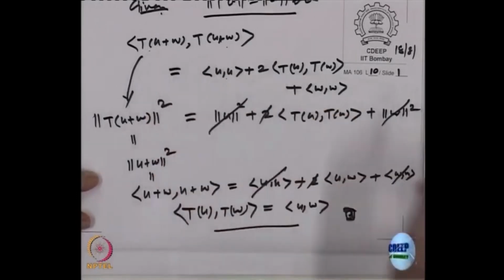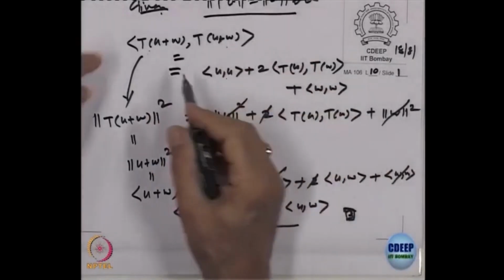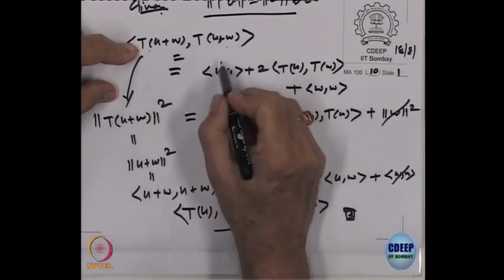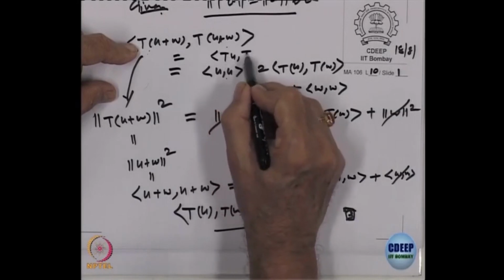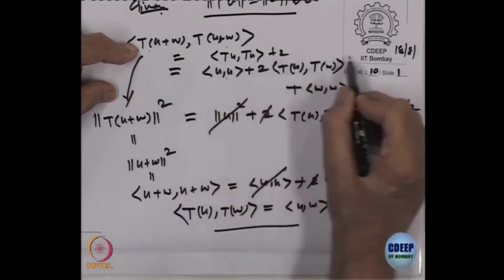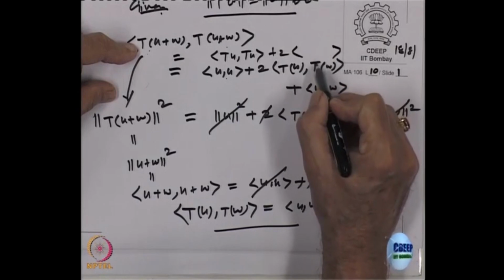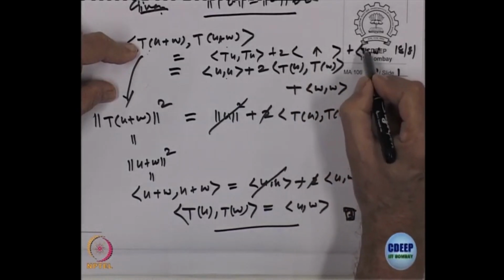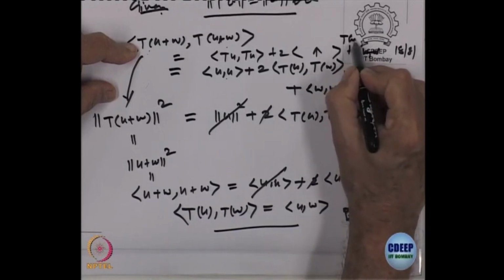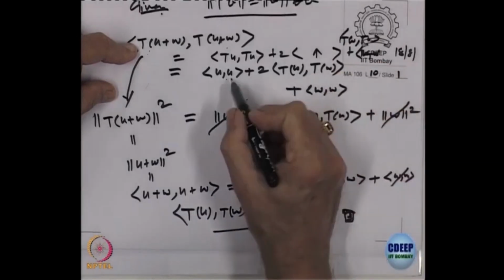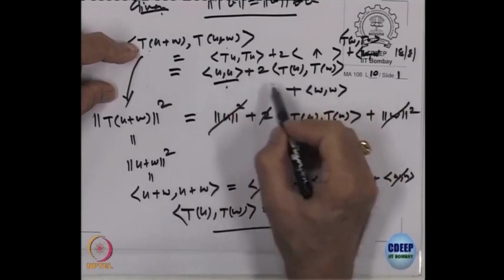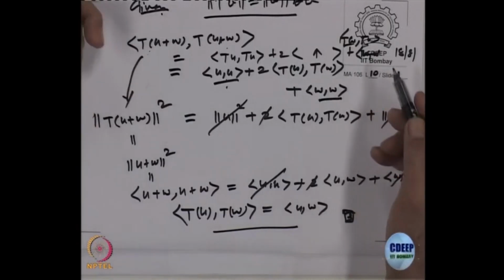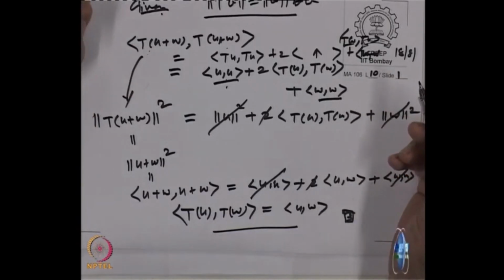I have just not written the earlier thing, that was equal to T u, T w. So, when you expand, this will be T u plus 2 times this thing, plus T w, T w, but this is equal to this, and that T w, T w is equal to this by the given, the norm of T w squared.